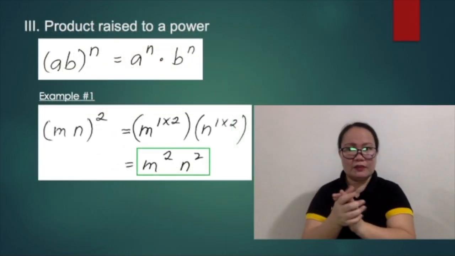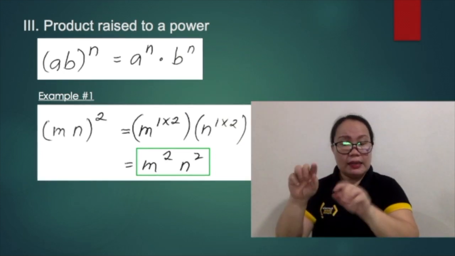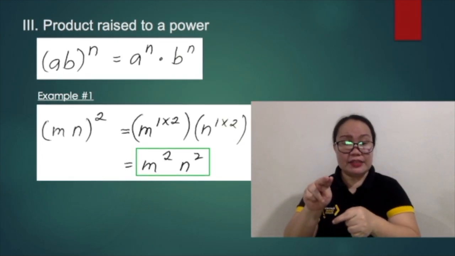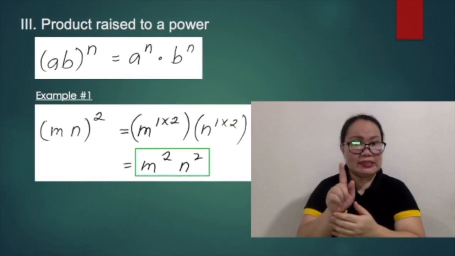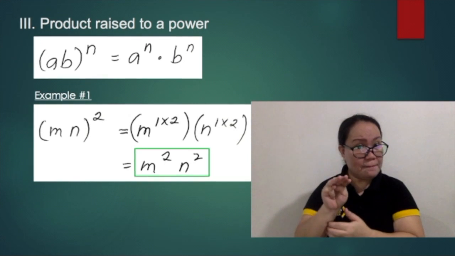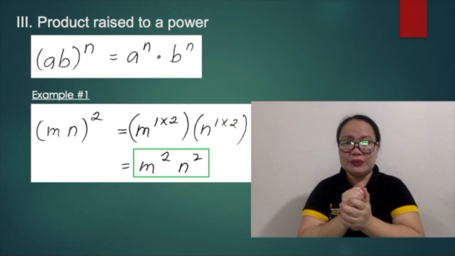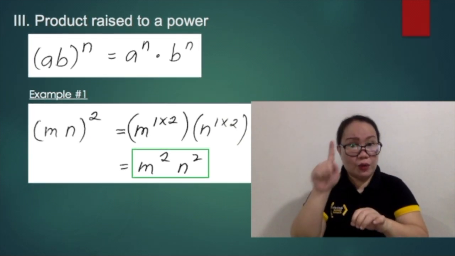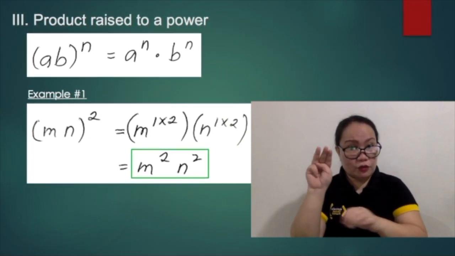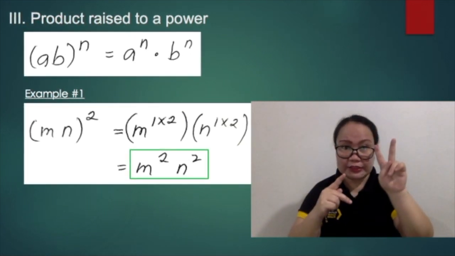Next example, for power raised to a power. mn raised to the power of 2. So again, what is the exponent of m? It's 1. So it means that 1 as the exponent of m is being multiplied by 2.